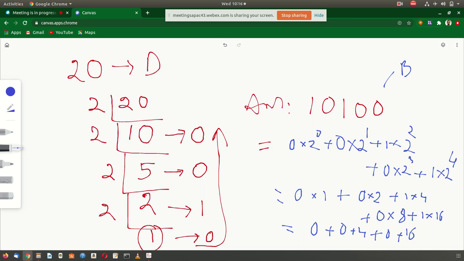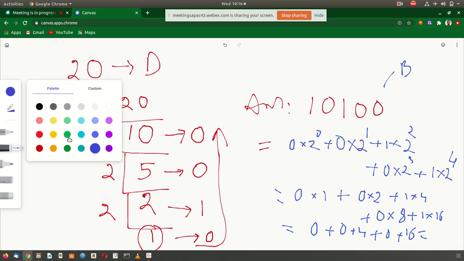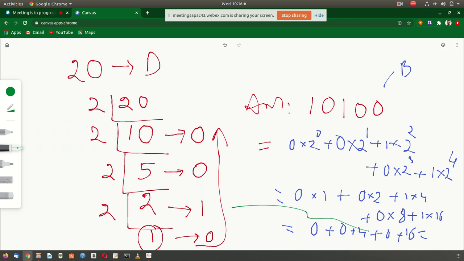So this whole thing is equal to 20. Yes, so this answer is correct.